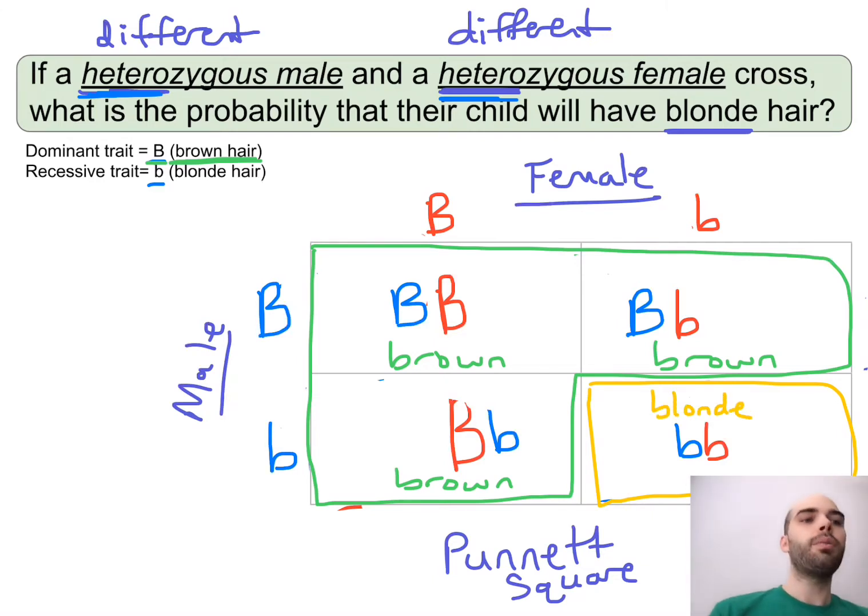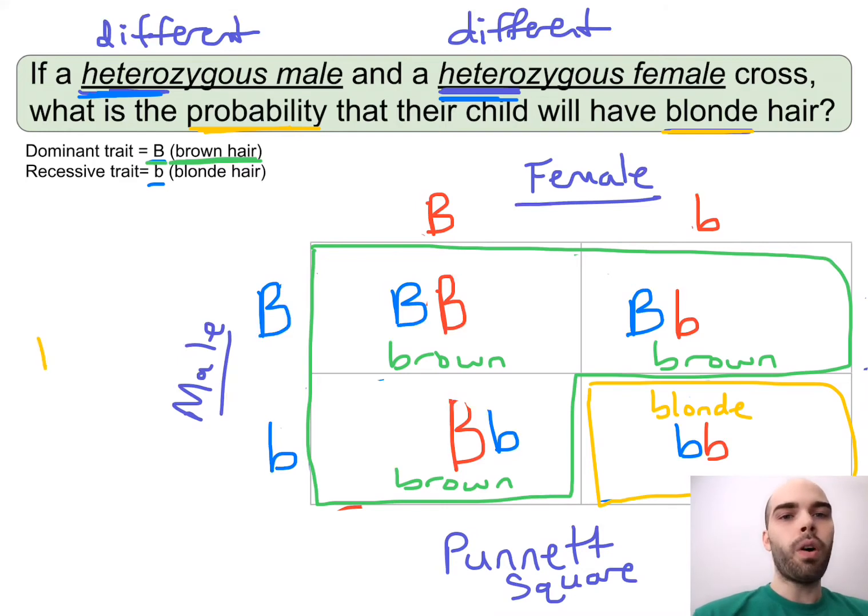So there are 4 possible types of hair color our children could have. And I asked in the question, what's the probability of having a child with blonde hair for this couple?